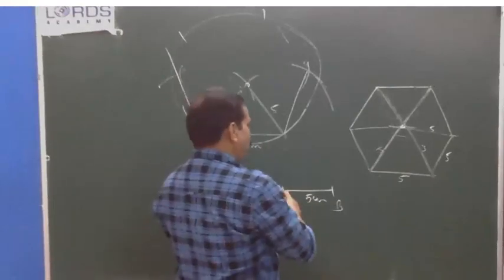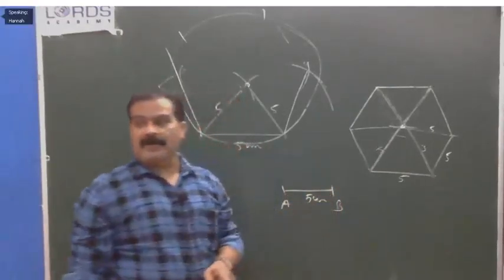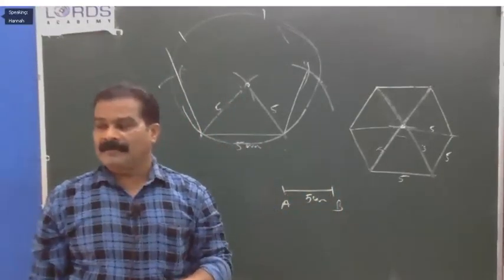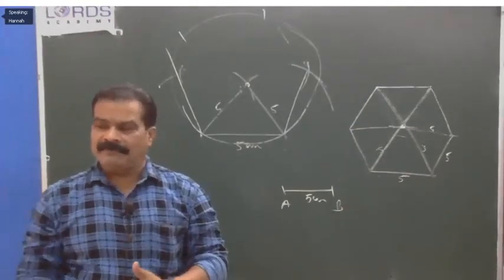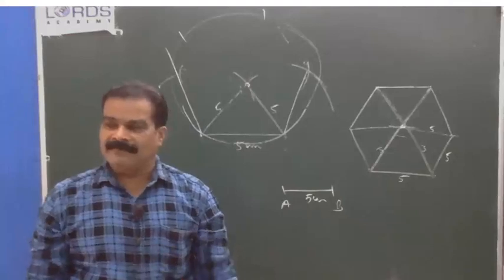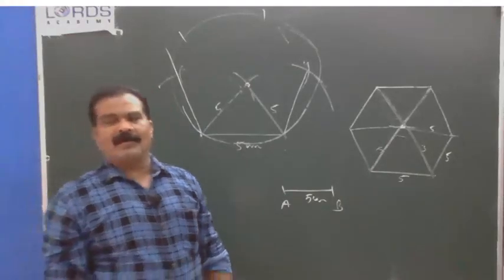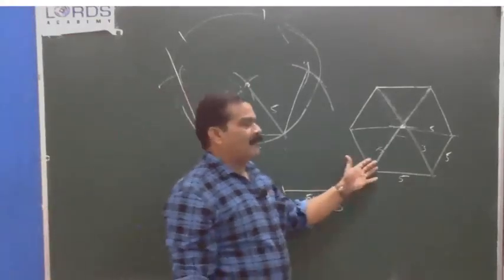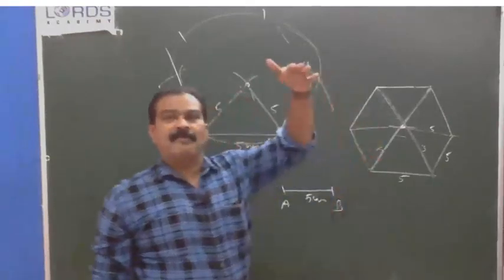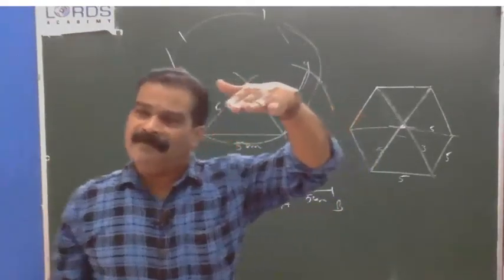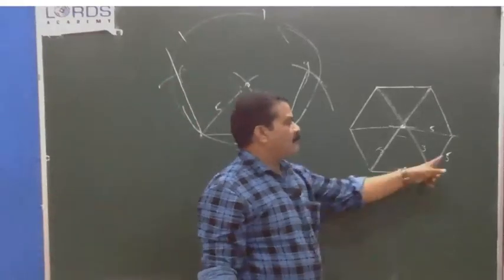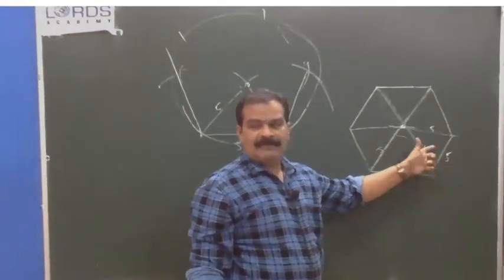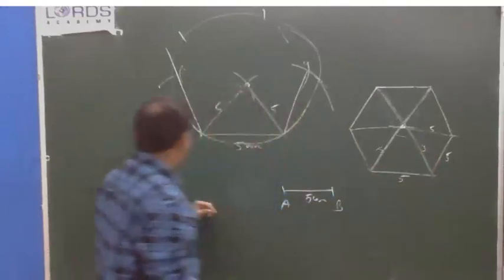Then you find, yes, you can make. Because when you take 120, the last portion may become different. That means more than 5 or 4 will come there.